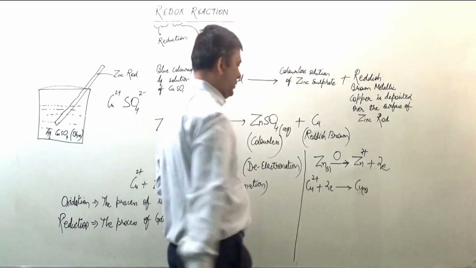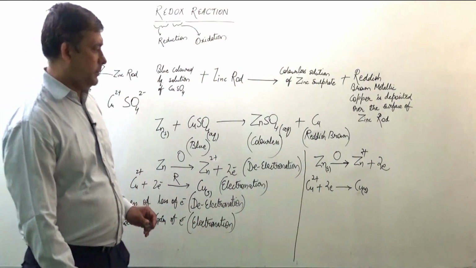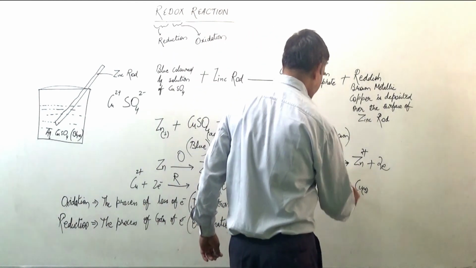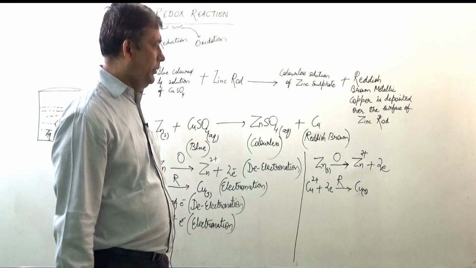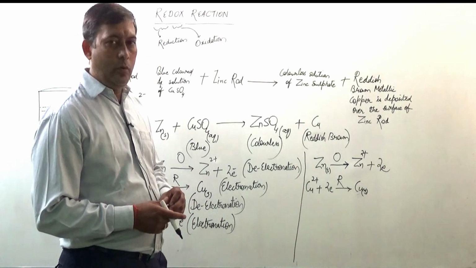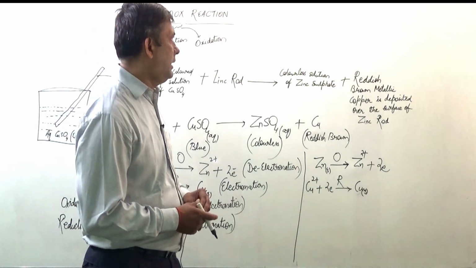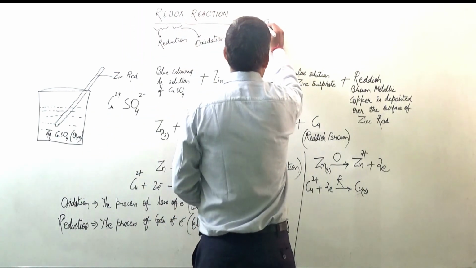This zinc is also in solid state. This process is called reduction. And from this reaction we also need to understand two more terms, the oxidizing agent and reducing agent.